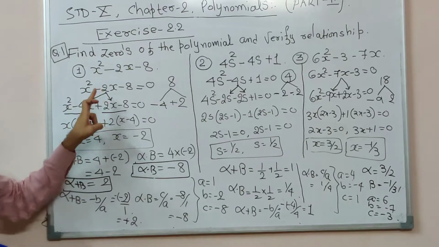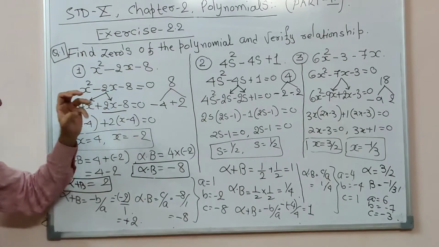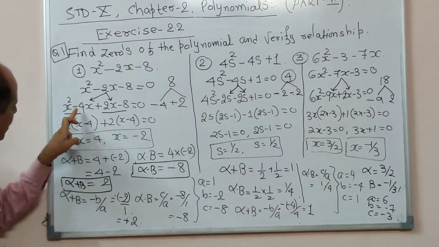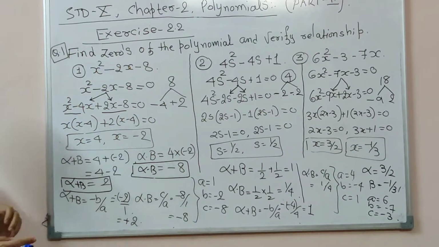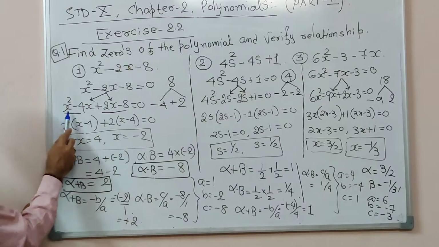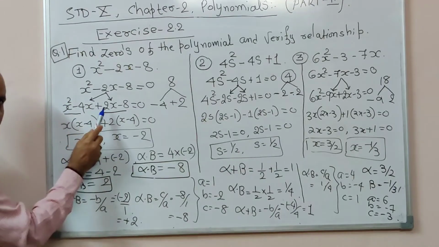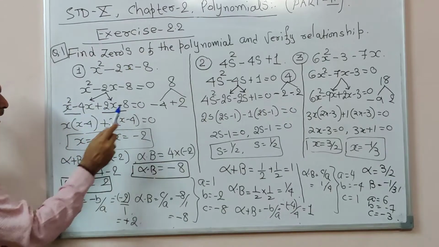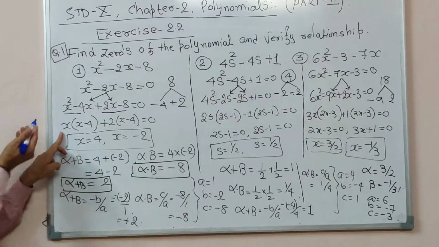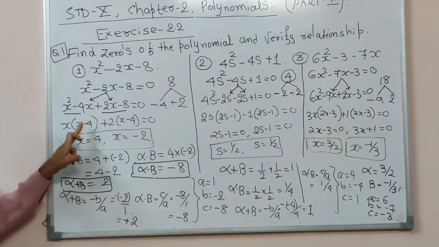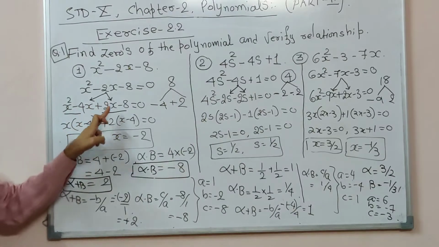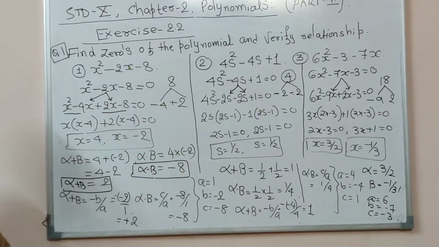So you have to split minus 2x in two parts such that minus 4x plus 2x becomes minus 2x. So x square minus 4x plus 2x minus 8 is equal to 0. Now you can use the common factor method. x common, you get x minus 4, plus 2, again you get x minus 4, is equal to 0.